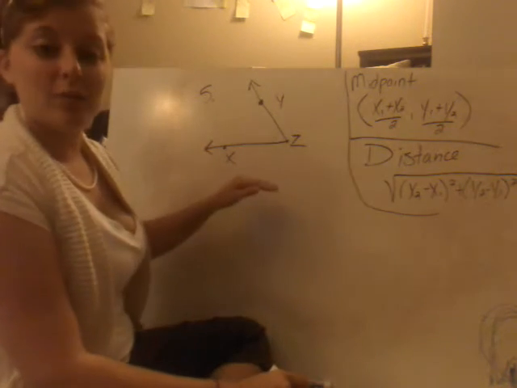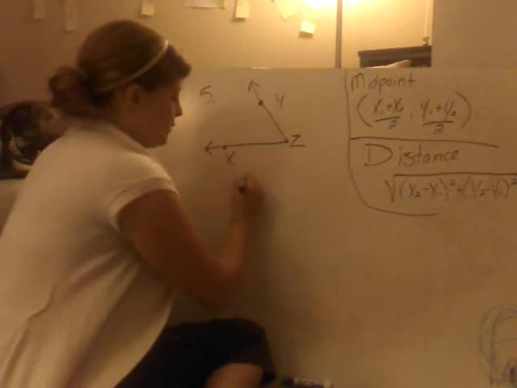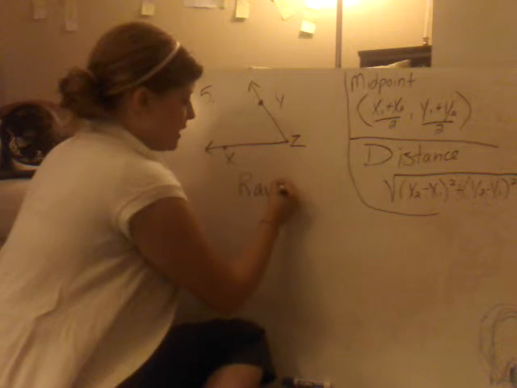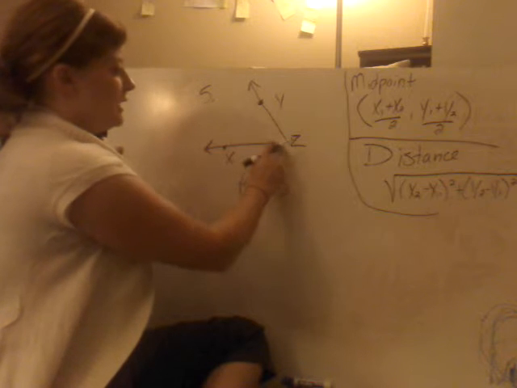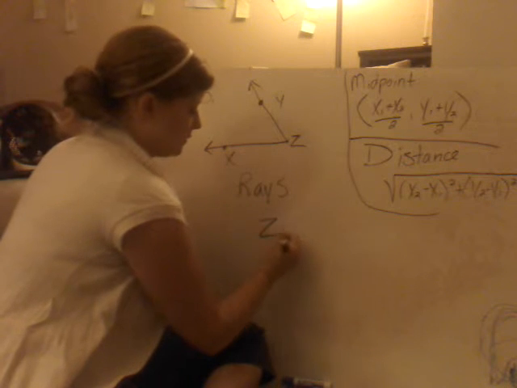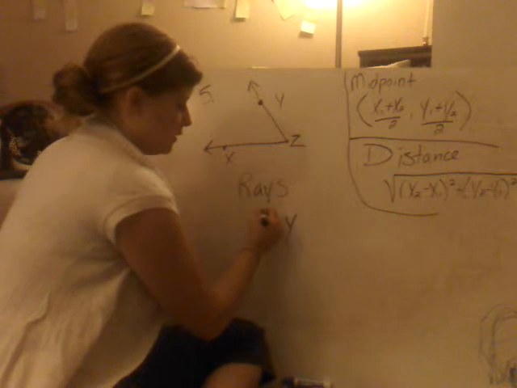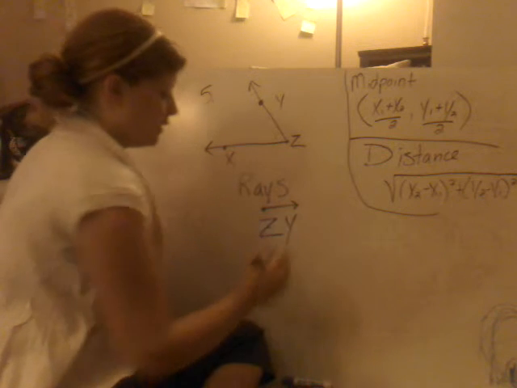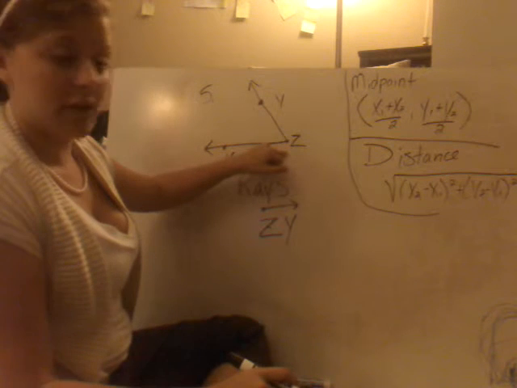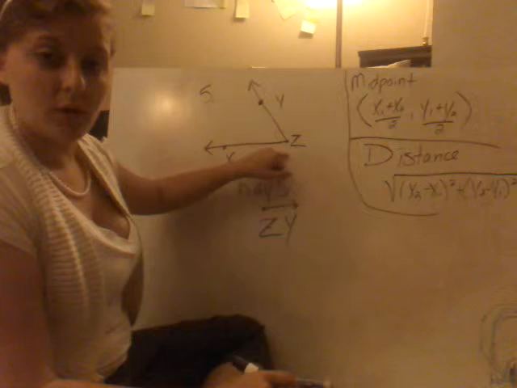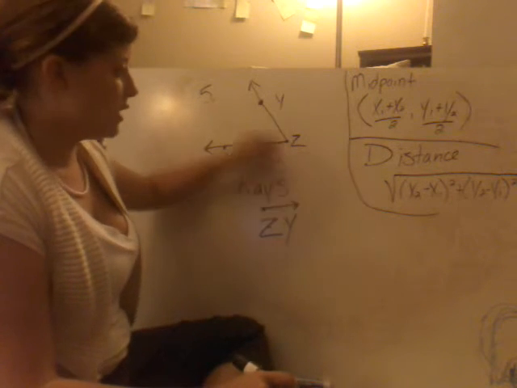Alright, now we're going to label the rays. Ray ZY. When we're labeling the rays, we start above the vertex and we go out.